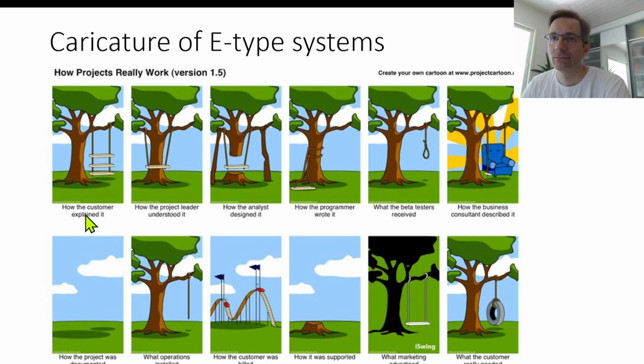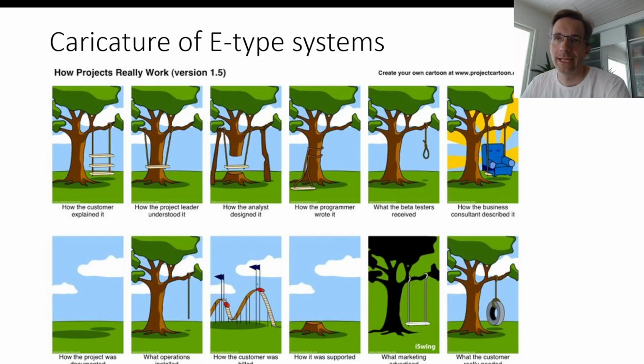And then we can jump on the top right and see how the business consultant described it. So this is what the business consultant thinks the customer needs. And finally, what the customer really needed was just a tire hanging on the rope from the tree. And this in some way illustrates the subjectivity that is ongoing in the E-type system.